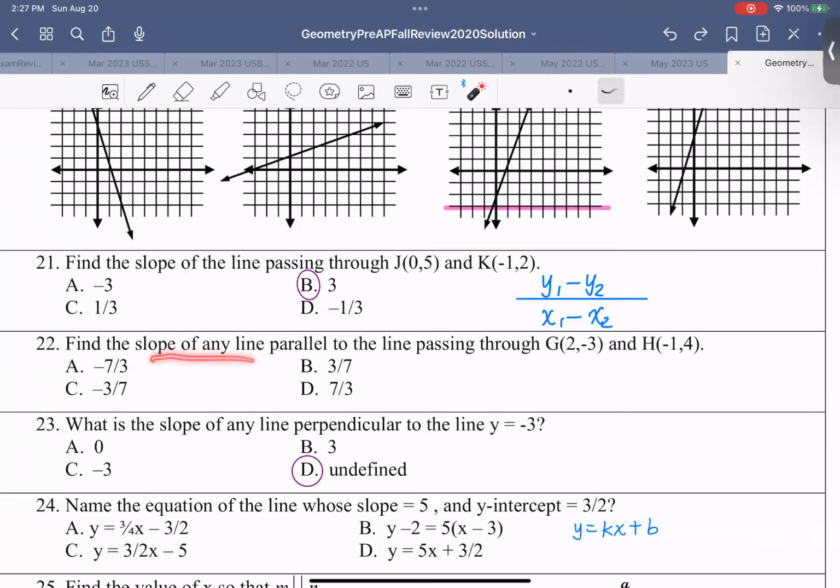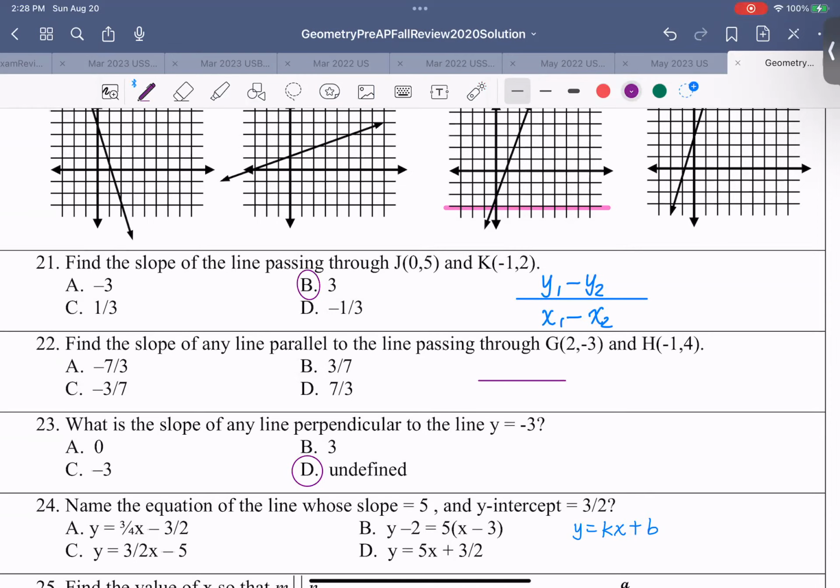Next one, 22. Steven, let's find out this. Go ahead. How do we do this? So when these lines are parallel, it means that they have the same slope. Good. Let's calculate the slope, please.